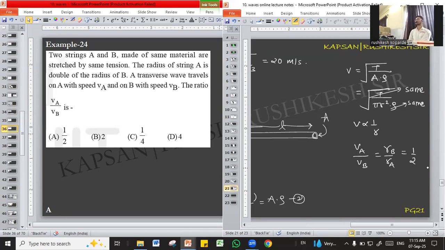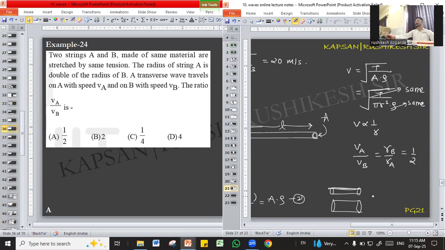How will you replace mass per unit length? Area into density. Mass per unit length is area into density. So what will be the same? Density means which density? Material same means what same? Not mass per unit length the same. Material same means what? I can take an iron wire made up of iron and another wire made up of iron.